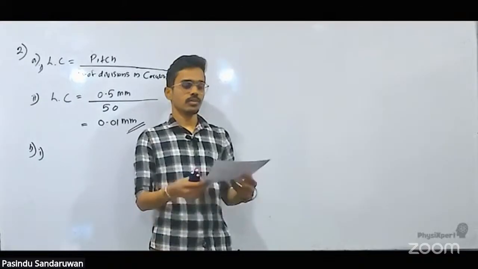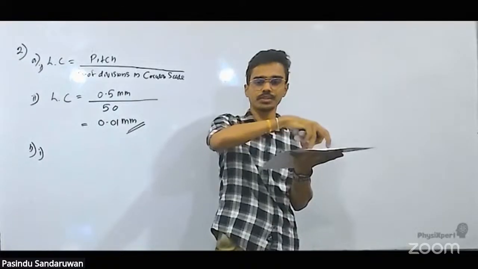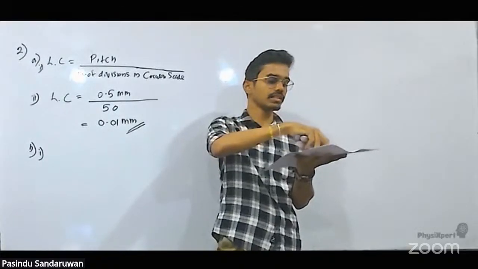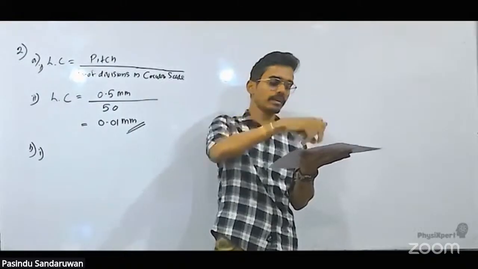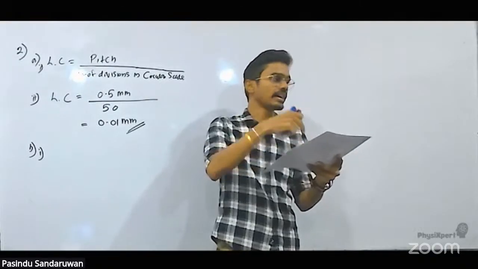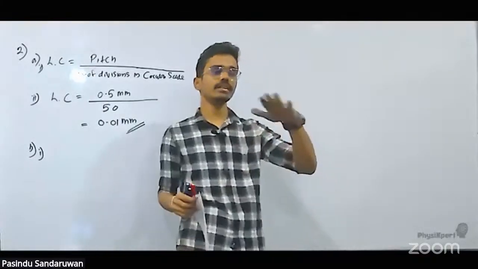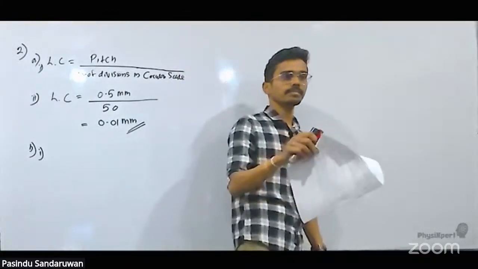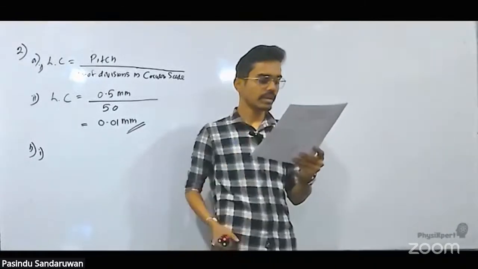You keep the spherometer on the glass cube, then all three legs will be in contact with it, and move down the screw tip until the image and the actual screw tip coincide. That is the point where we can make sure that all three legs and the screw tip are on the same horizontal plane. That is the adjustment.